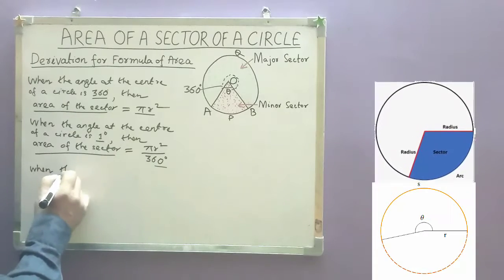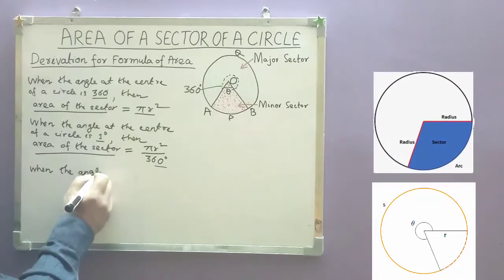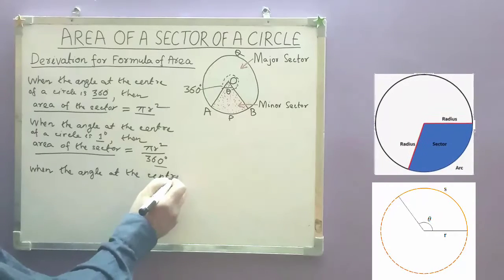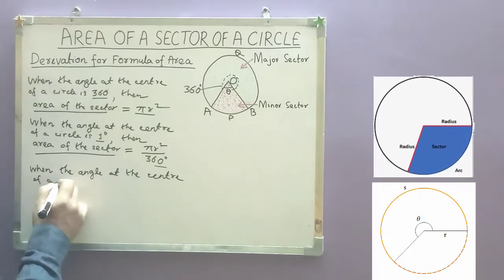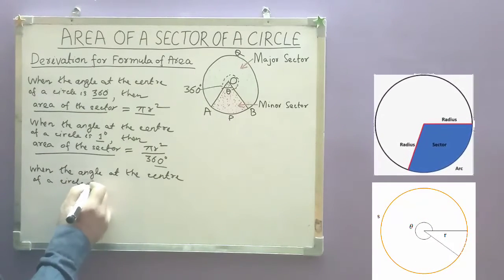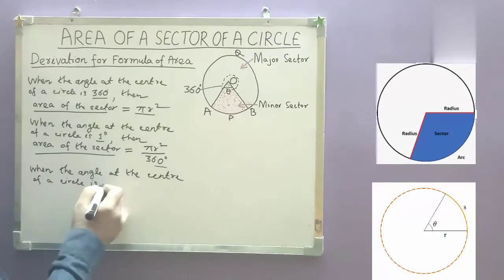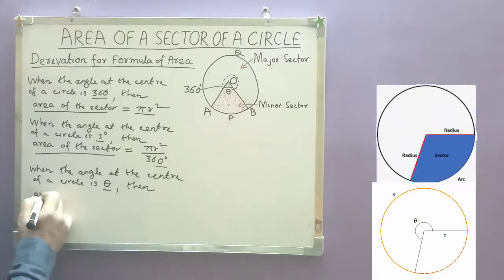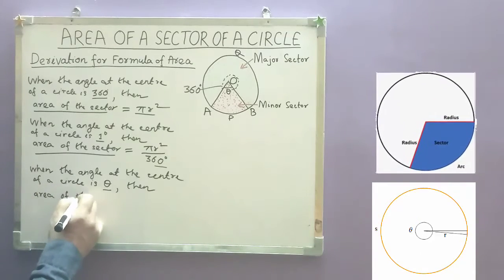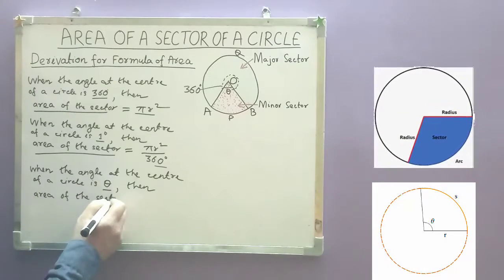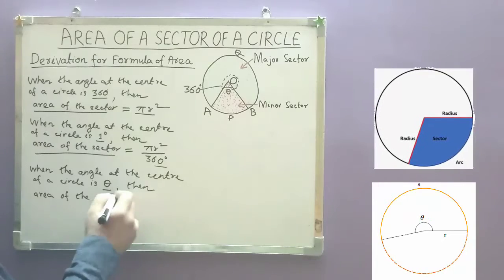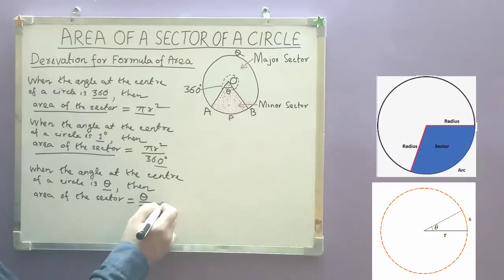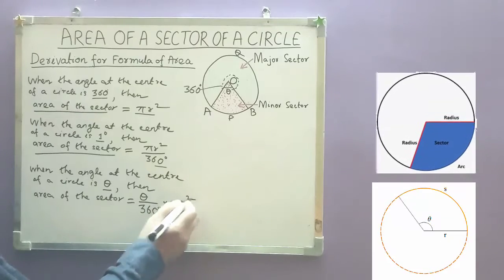When the degree measure of the angle at the center of the circle is theta, then the area of the sector so formed is equal to theta upon 360 multiplied by pi r square.